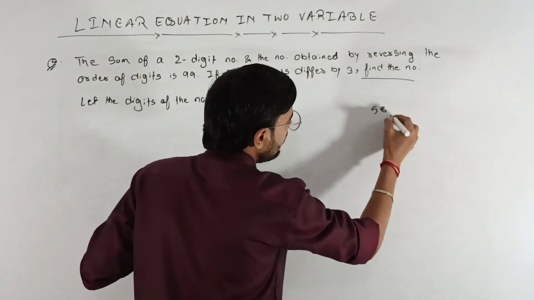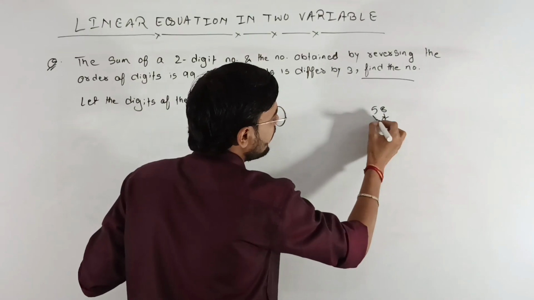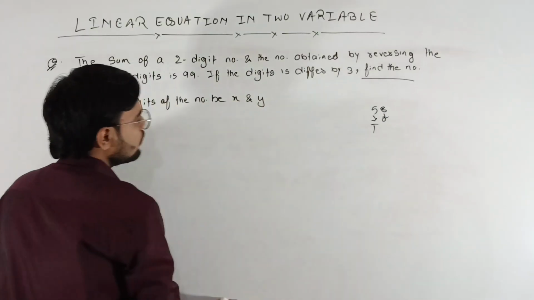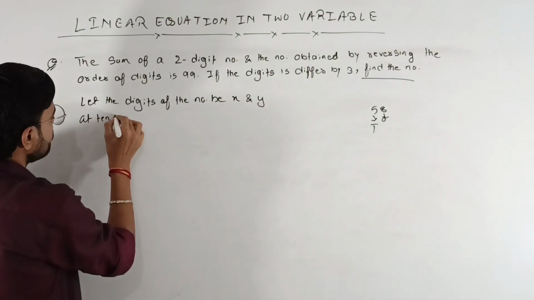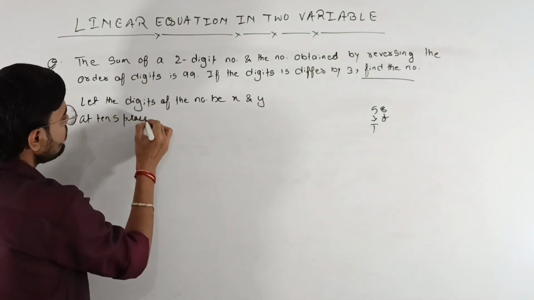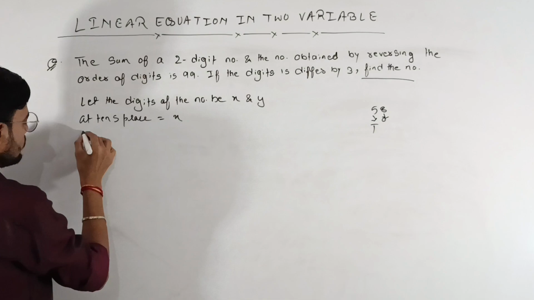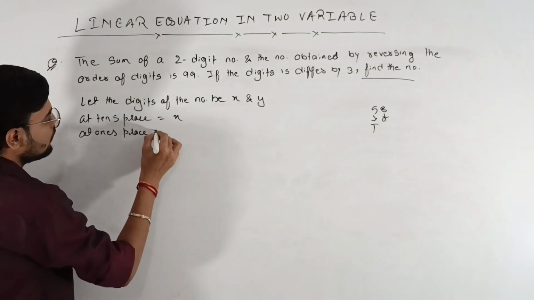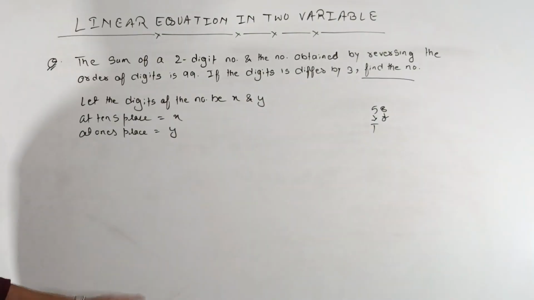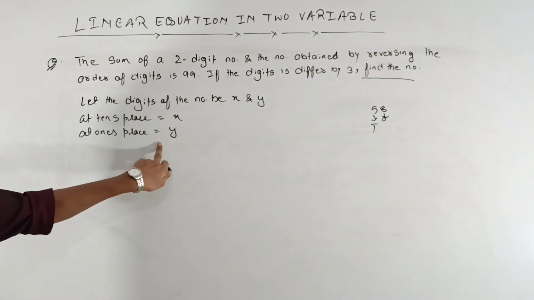Suppose this is my number, then at the ones place is 8 and at the tens place is 5. So in this case I assume the tens place be x and the ones place be y.